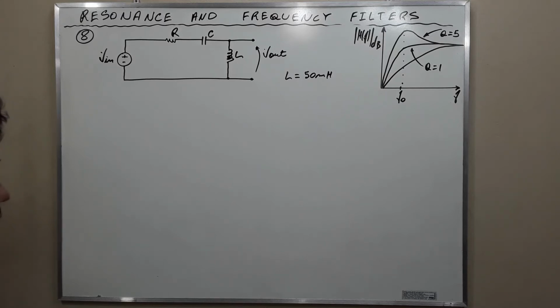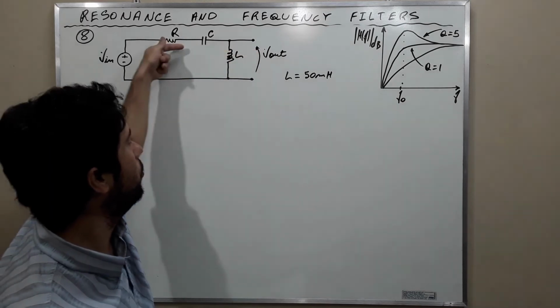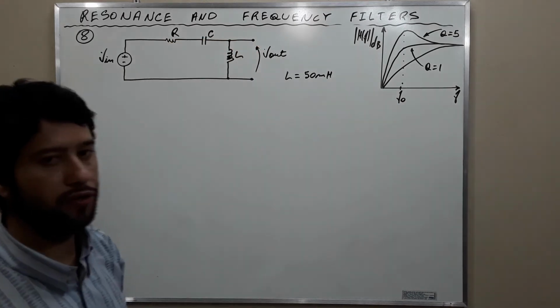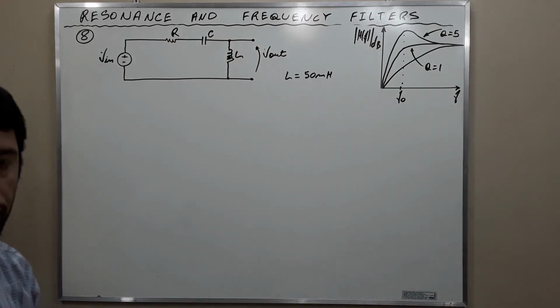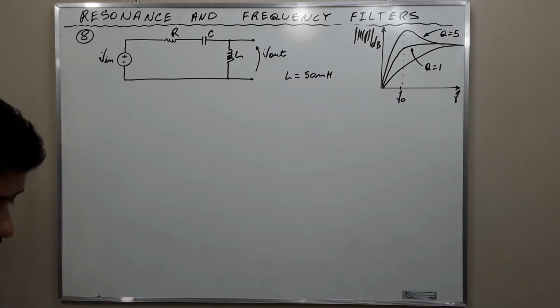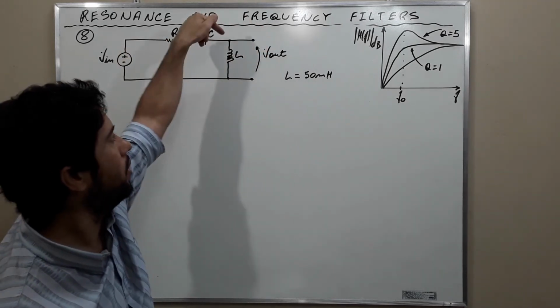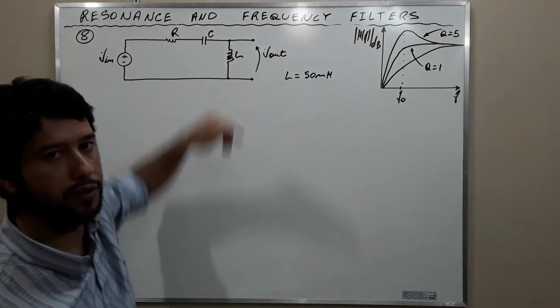As capacitors allow high frequencies, okay, capacitors work as short circuits for high frequencies, and while inductors act as open circuits for high frequencies, the capacitor will be in series and the inductor will be in shunt.